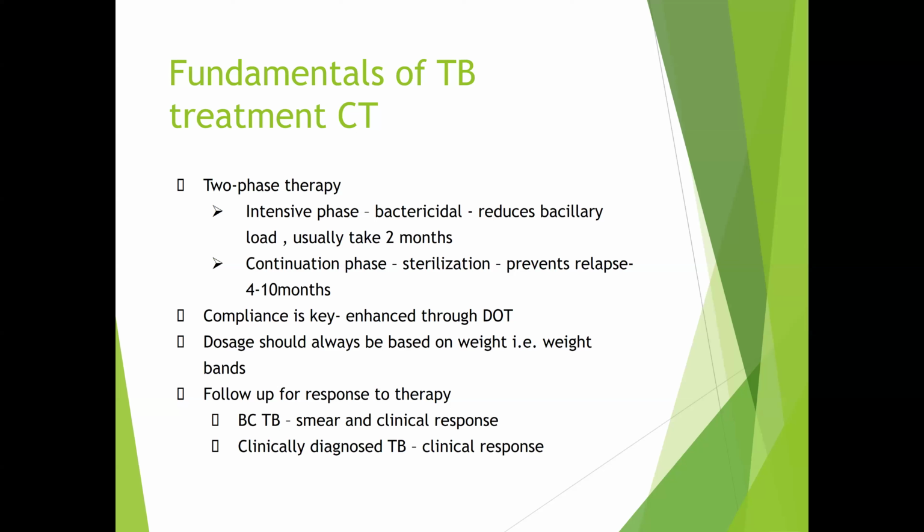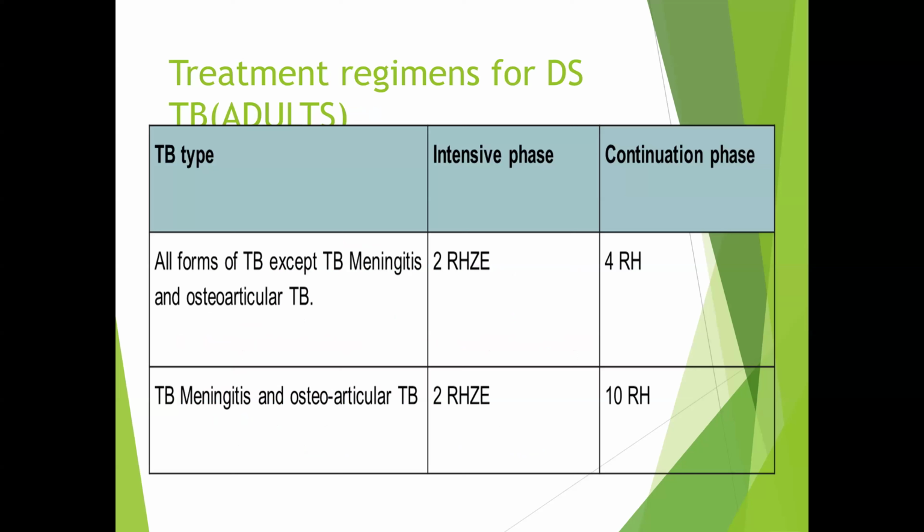If they convert, and the 6th month is negative and another between the 5th and 2nd months is negative, that's when we declare it a cure. And we also do the clinical response: we do monthly weighing, and check how the symptoms are. That's how we are able to follow up our patients during clinic visits. We also do a clinical response for those who are clinically diagnosed.